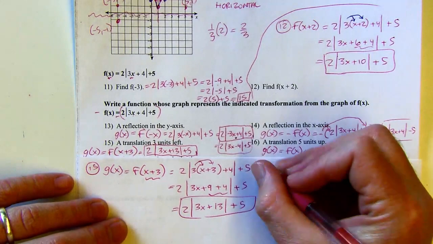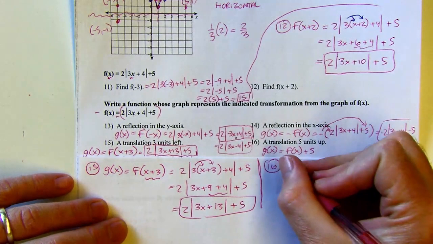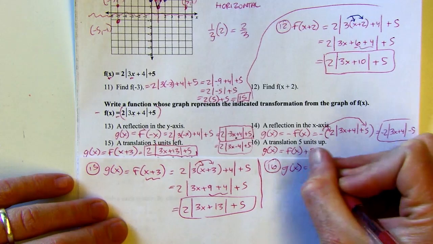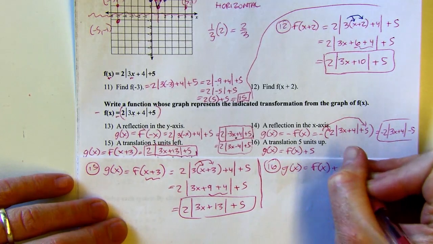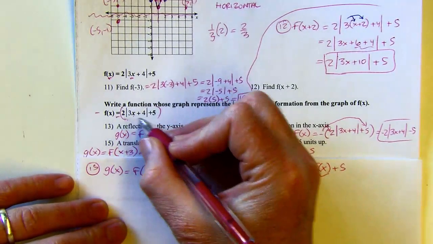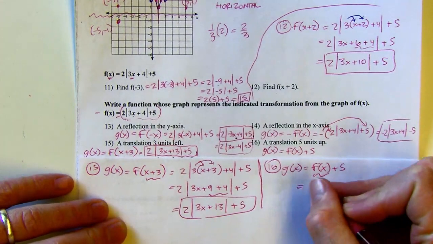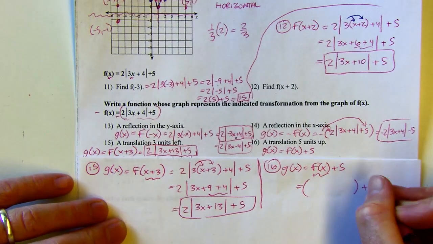So here, let's do 16 here. All right, so I'm going to replace that with f of x, which is equivalent to what I have inside the red parentheses there. So I'm going to have all that stuff and then add 5 to it.